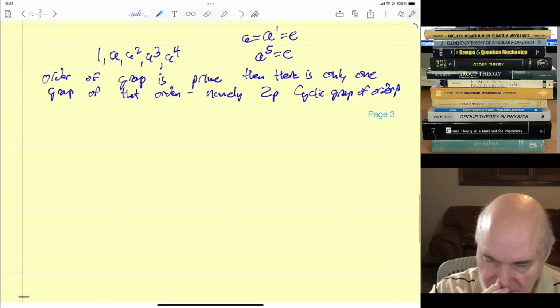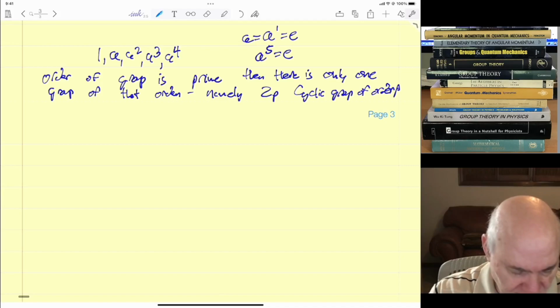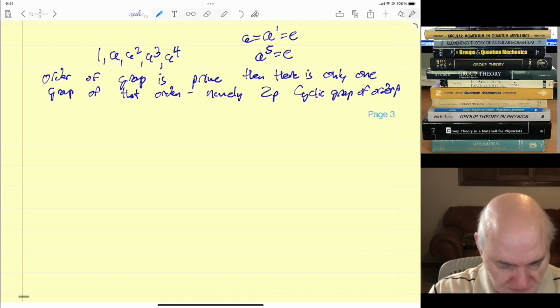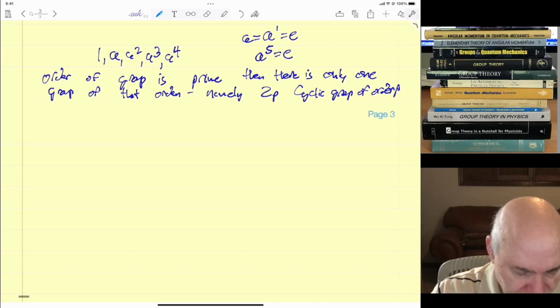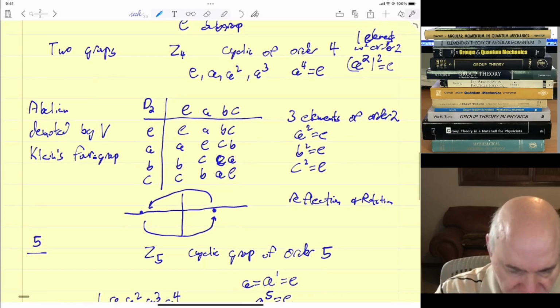Okay. Now, before proving Lagrange's theorem, by the way, this group of order 4, I left this out, this has subgroups. For instance, let's look at the Klein 4 group.